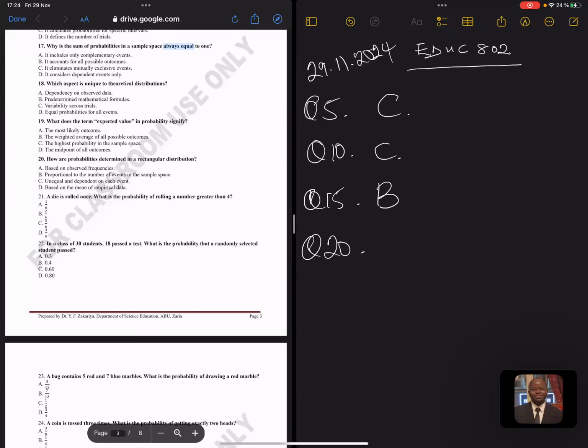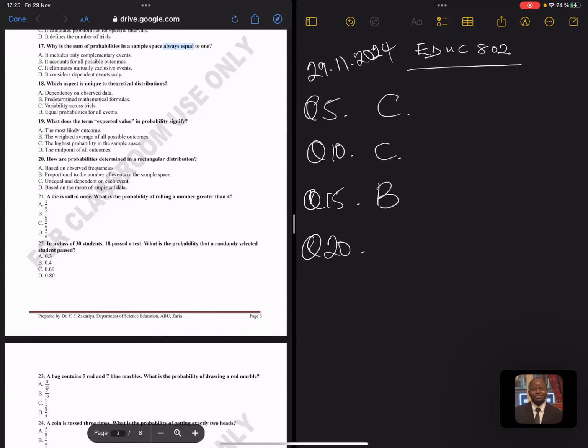Any attempts? How are probabilities determined in a rectangular distribution?